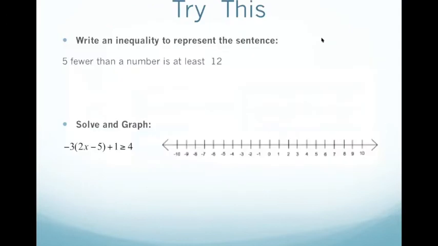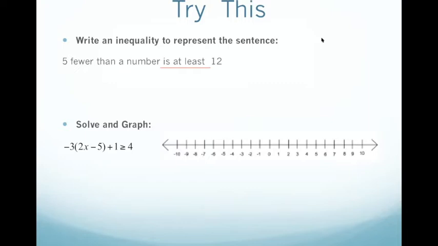Okay, let's look at another example here. For this one, we are looking at writing an inequality. So before we were looking at writing expressions, expressions have no comparison sign. Now we're writing an inequality, so there will be a comparison sign. How do I know where that comparison sign goes? Is is the key word. Because it says is at least, that's going to tell me that this is an inequality.